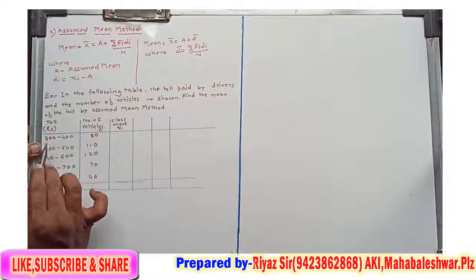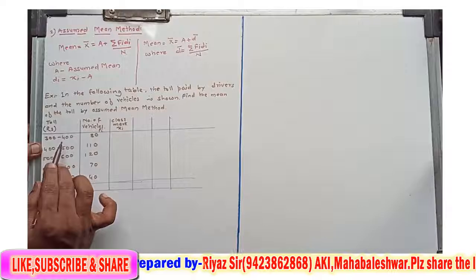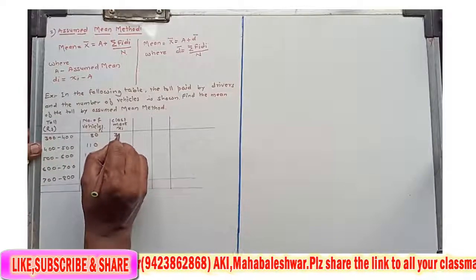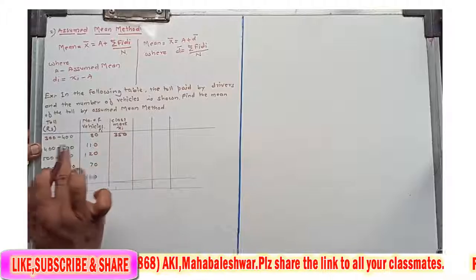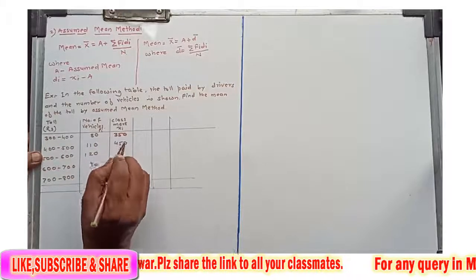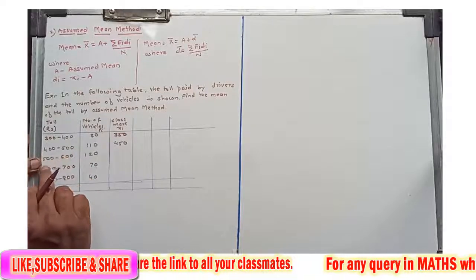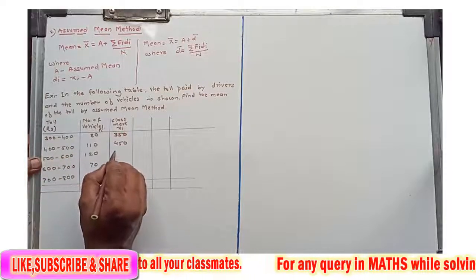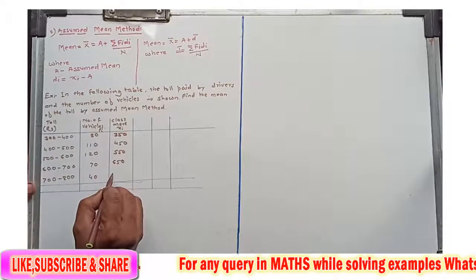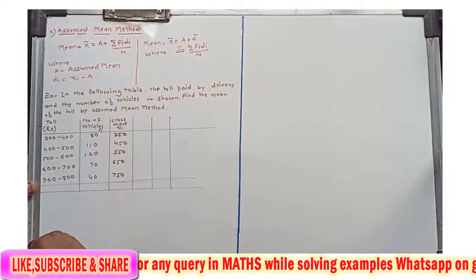Just add those numbers, 300 plus 400 is 700, and 700 divided by 2 gives 350. That is the class mark for the first class. For the second class it will be 450, just add them and divide by 2. For 500 to 600 it is 550, then 650, and here it is 750.